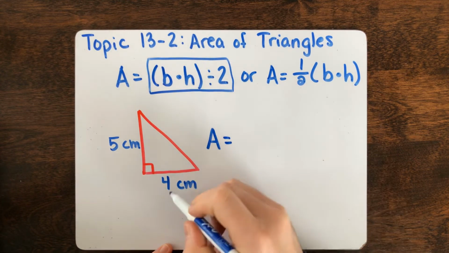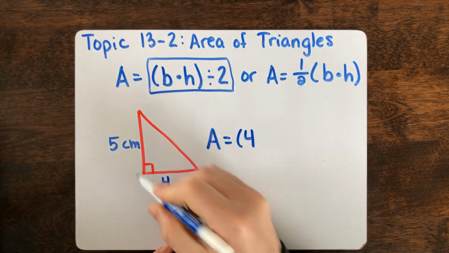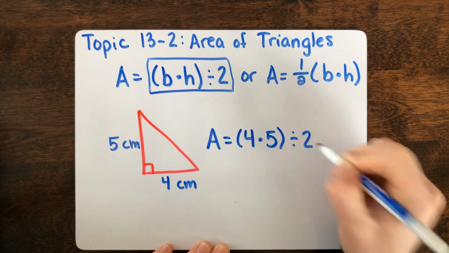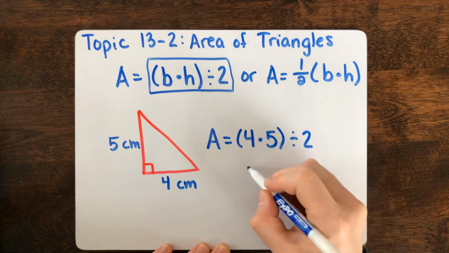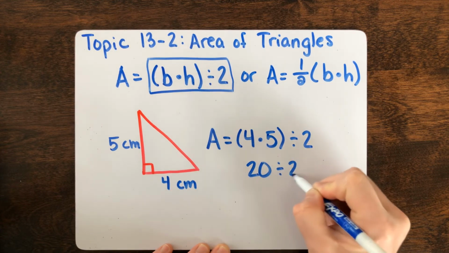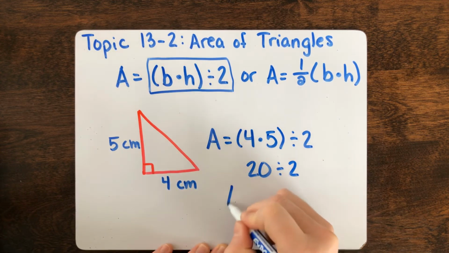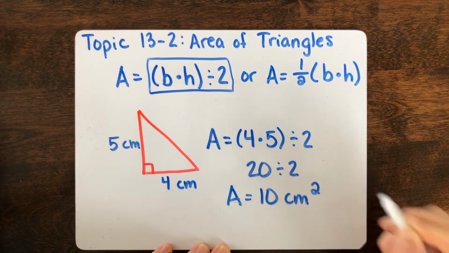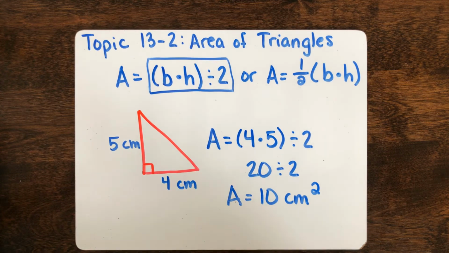Area equals the base, which is 4, times the height, which is 5, divided by 2. So 4 times 5 is 20. 20 divided by 2. The area of this triangle, area equals 10 centimeters squared. And that's it. That's all it is.